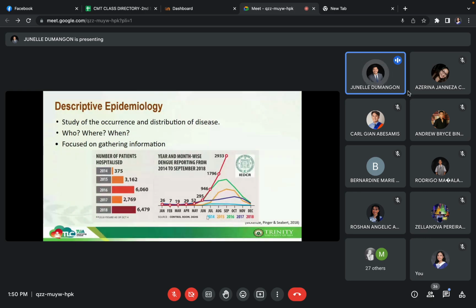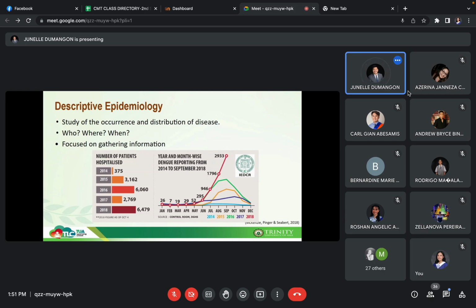Okay, so we can see here that there is usually an increase in dengue cases around the months of June, July, and August. But by the time of October or September, it would start to go down. No? However, in 2018, there was a continuous increase in cases by August. So instead of it going down, in August, more cases were counted, and even in September.